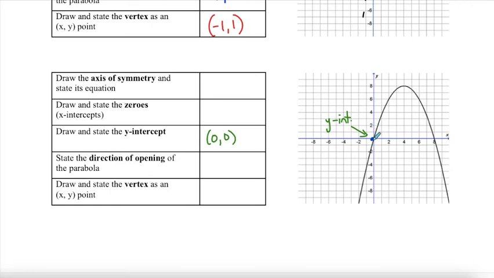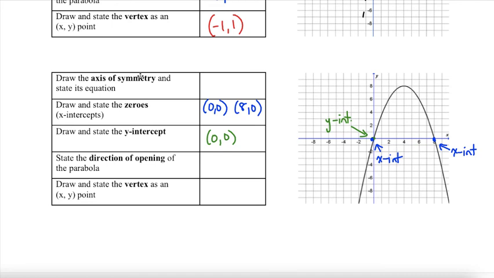Well, here's an x-intercept, and here is an x-intercept. So I have two x-intercepts. I have one at 0, 0, which is exactly the same as my y-intercept, and I have another at 8, 0. Those are the coordinates of those two points.